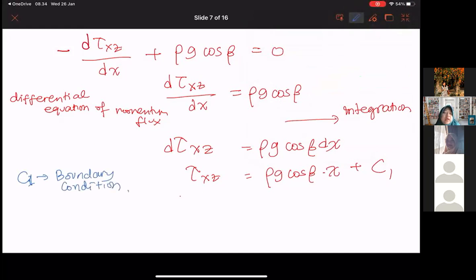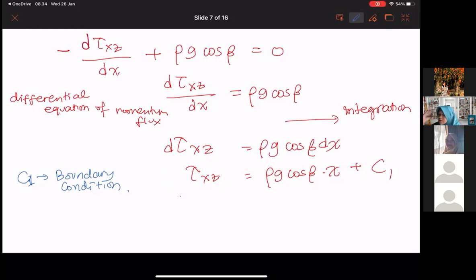Now go back again to the previous slide where there are some boundary conditions. The one that we would like to see is the boundary condition related to the phenomena, and related to the flux momentum. Let's have a look there.